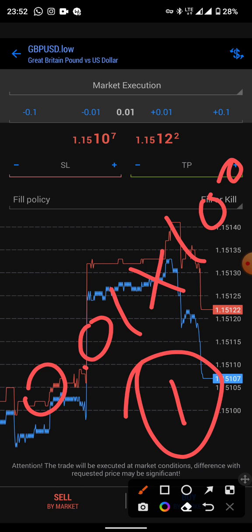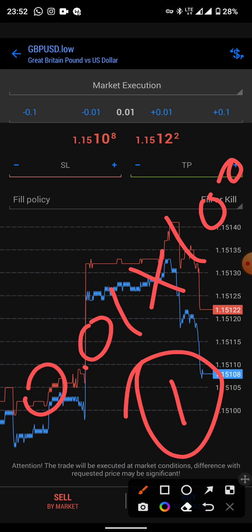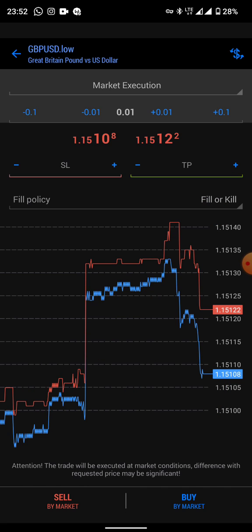So you see how it affects what I am losing and what I'm gaining. Some of you might leave your leverages to be 1:200, and that's how you are losing or gaining $2 per movement.